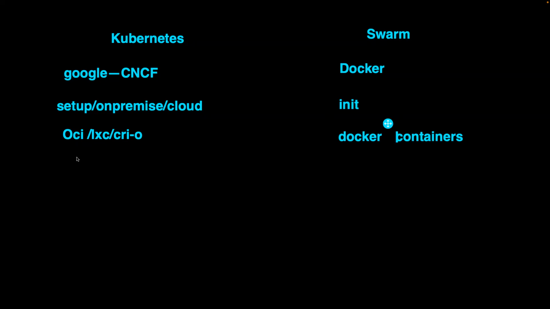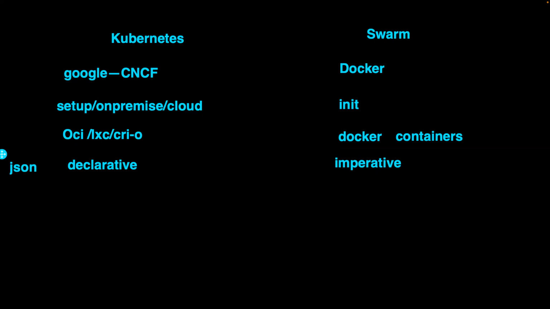And installation we discussed, commands we discussed, and Kubernetes always prefers a declarative approach, whereas Swarm goes with an imperative approach. Imperative approach means you write commands from the CLI and you run them. That's how it works. But Kubernetes prefers a declarative approach. You define your configurations or deployments in a manifest file.